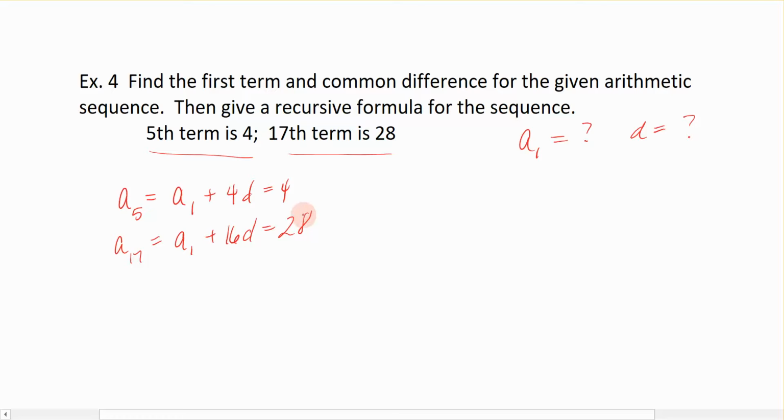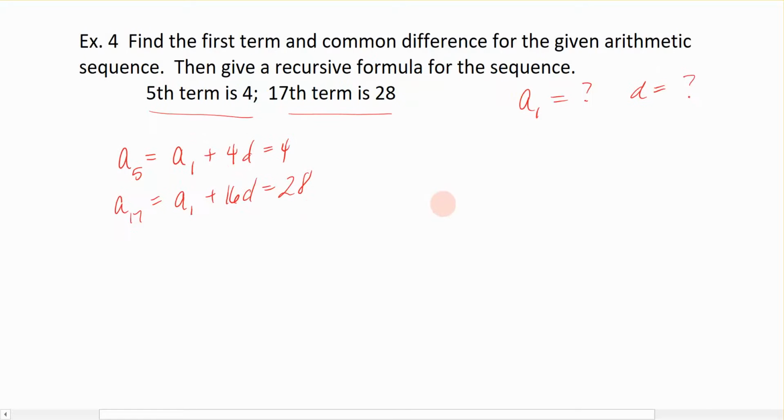If you'll notice, I have two equations here with two unknowns. So I can take one of the equations and substitute it into the other equation to solve. Let's just take this equation right here. If I have a1 plus 4d is equal to 4, I can solve this equation for a1. That would be 4 minus 4d.